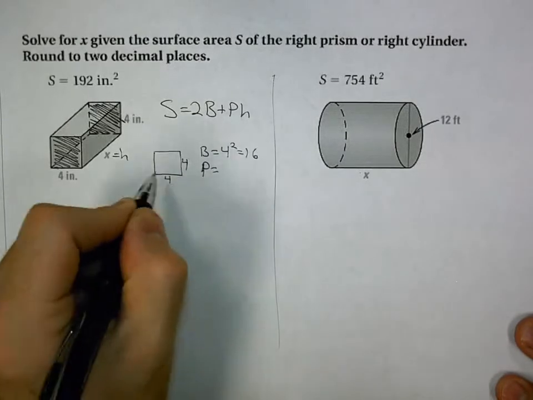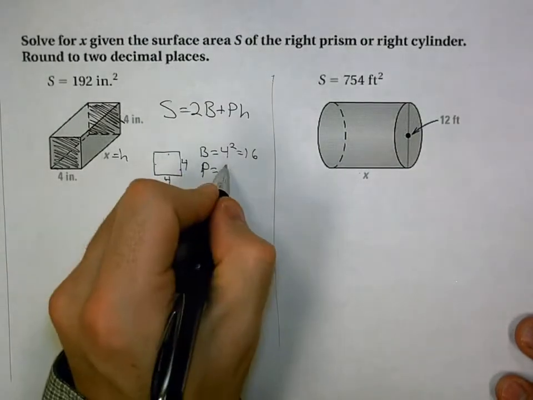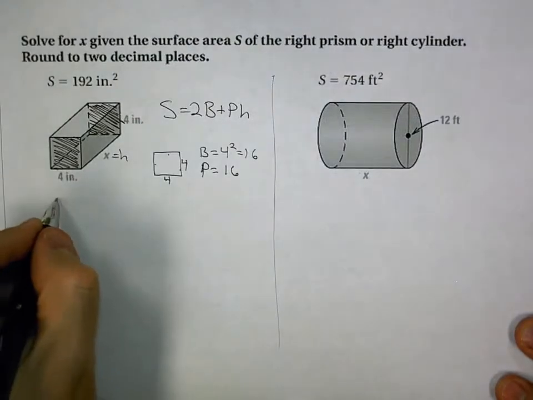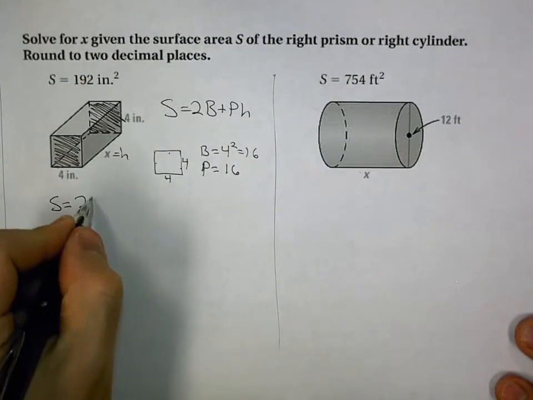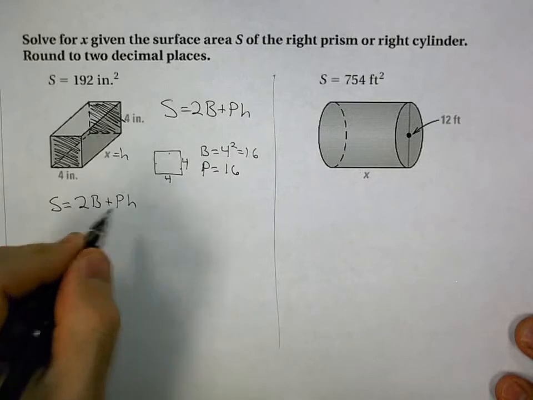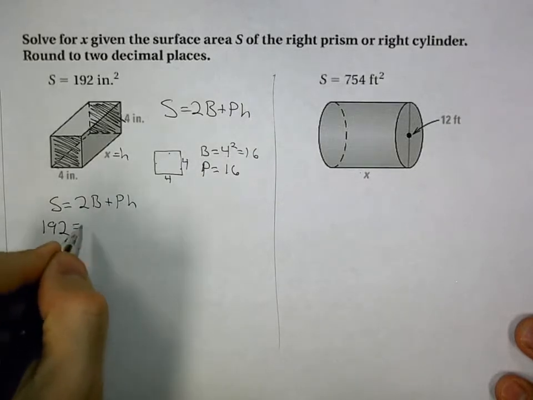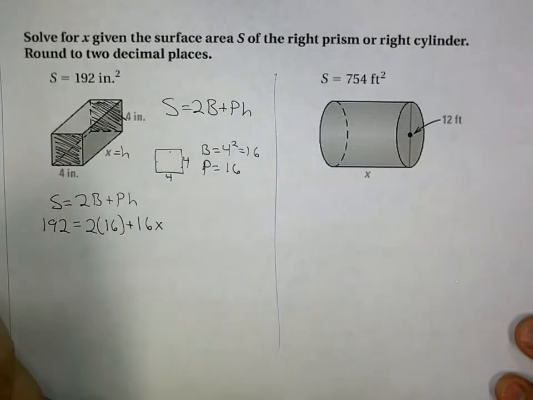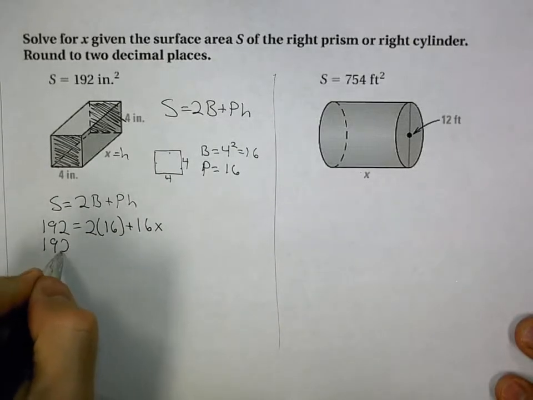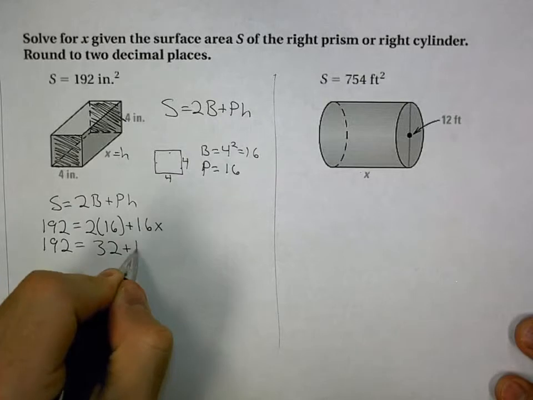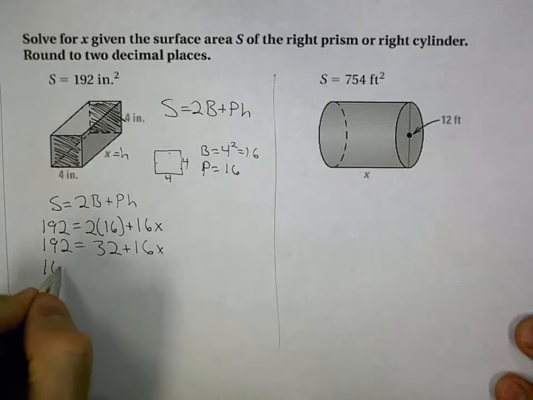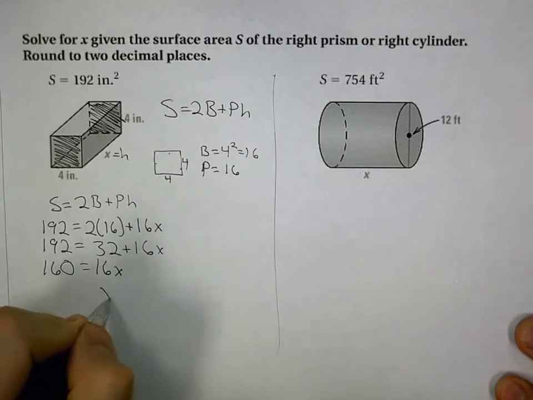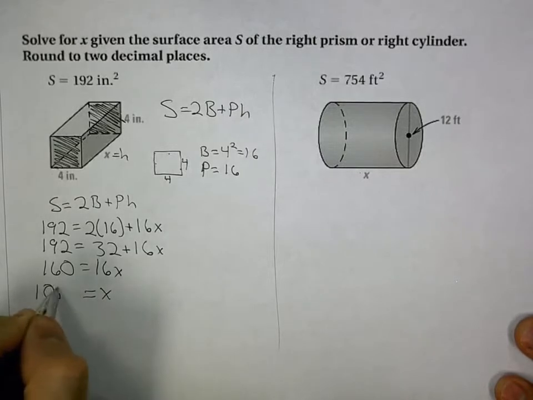My perimeter, 4 plus 4 plus 4 plus 4, is also 16. So now when I go to solve, I have 192 equals 2 times 16 plus 16 times x. Gives me 192 equals 32 plus 16x, which is 160 equals 16x, or x is 10 inches.